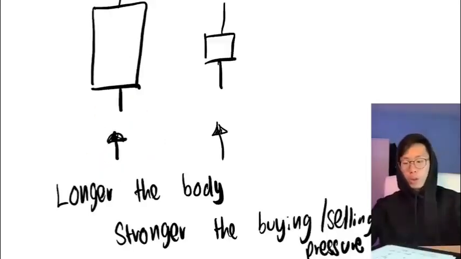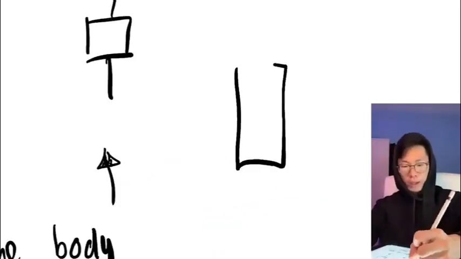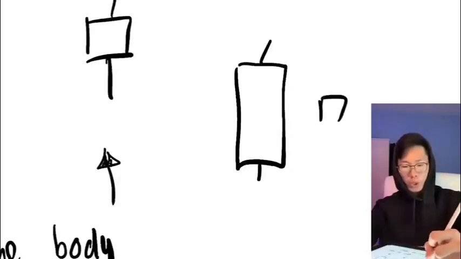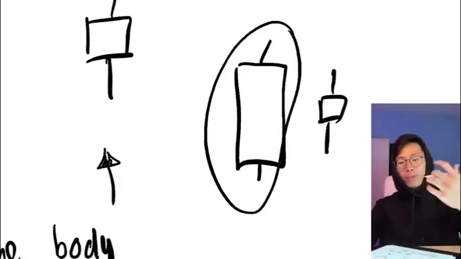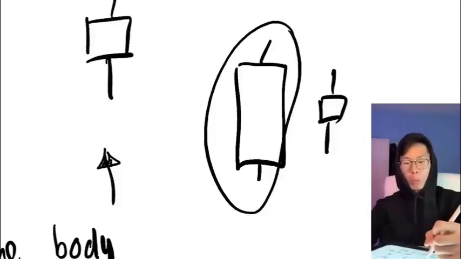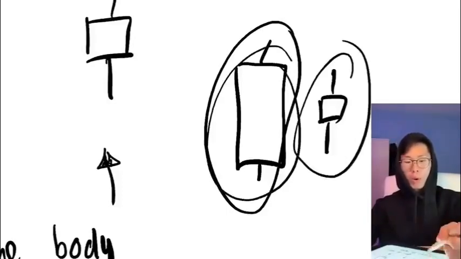So I want you guys to note that the longer the body, the stronger the buying or selling pressure. If you see a long candlestick like this compared to a short candlestick like this, obviously this one has more power, more volume inside the market. There is more momentum compared to this small little boy right here.